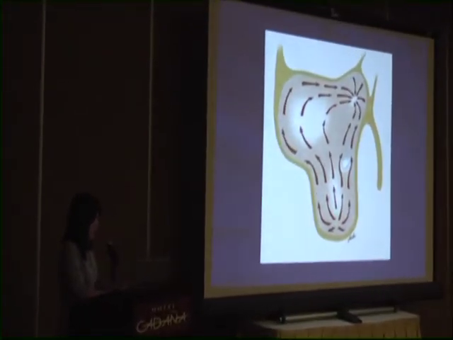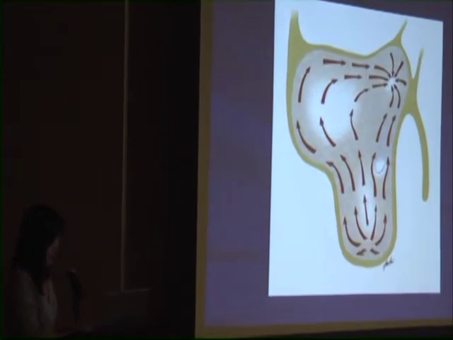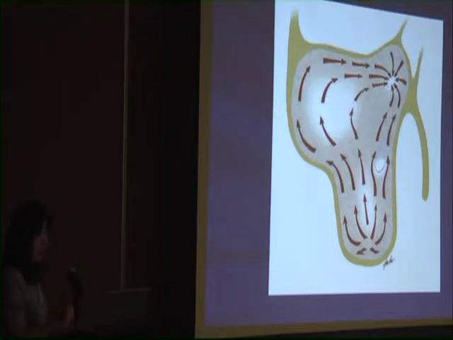So remember this slide we had at the beginning of our talk about the sinuses: the mucus in the sinuses doesn't really drain by gravity. In the case of the maxillary cavity, it drains against gravity, going through the natural opening.